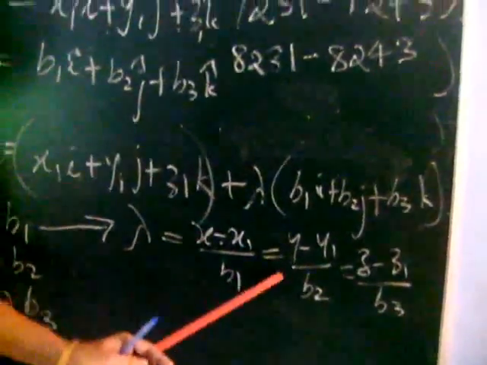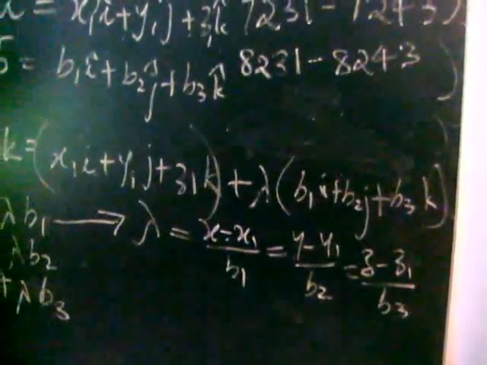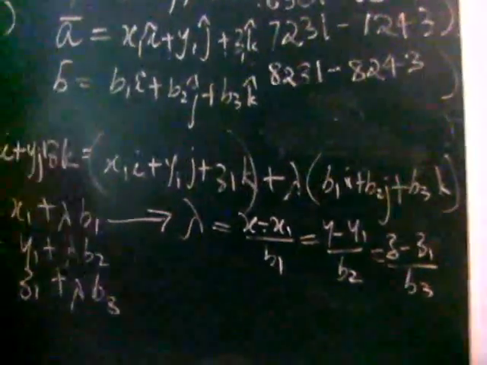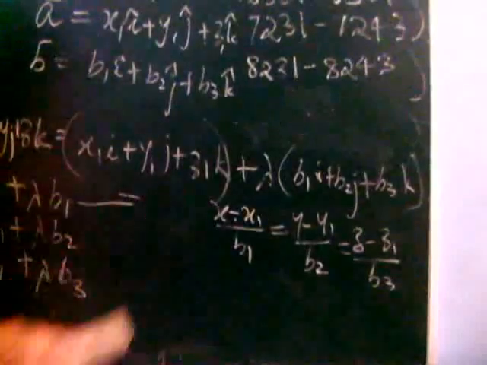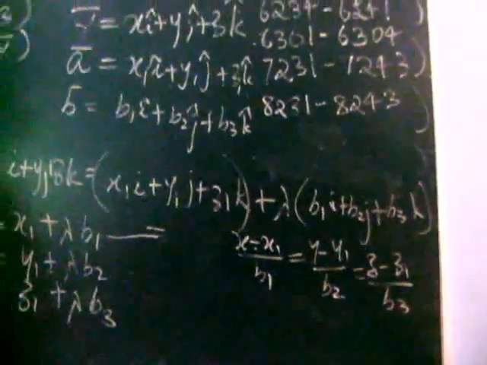Therefore this is known as the Cartesian form of the equation of the straight line, where the three ratios are equal. What is that ratio? It is the same as the constant lambda.